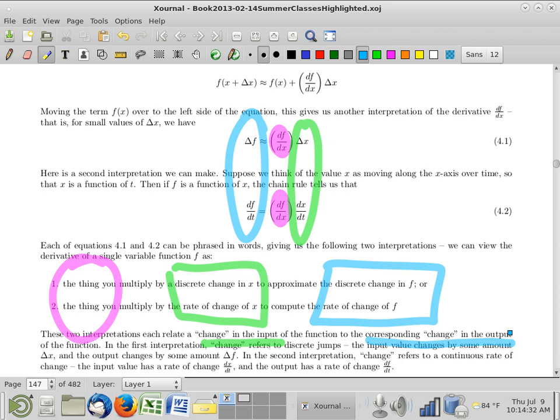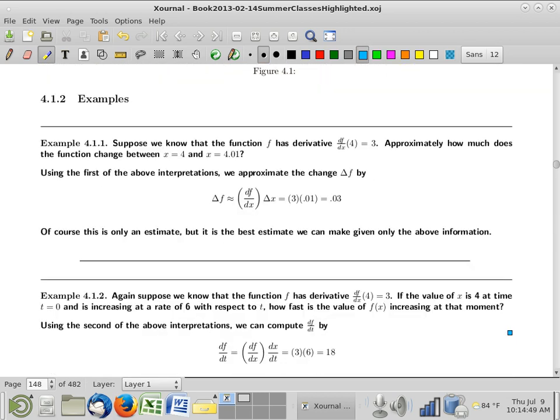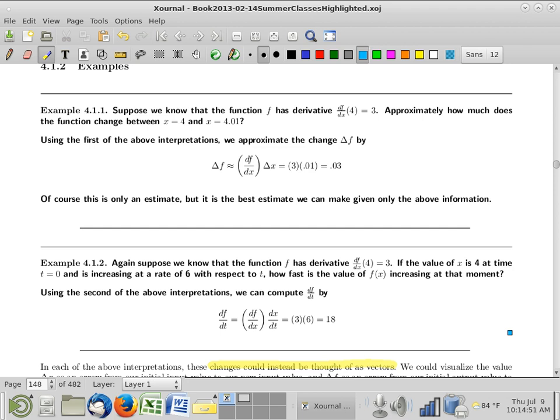And so that's the big point of this little quick subsection: I want you to start thinking of derivatives that way. Be prepared for the fact that we're going to need this point of view when we start talking about multivariable derivatives. Okay. All right, here's a couple of quick examples. And I'm not going to go through the details of these examples because these are really straight out of single variable calculus.